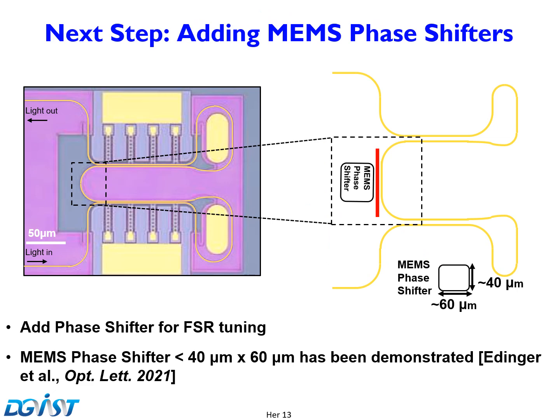Our next step is to add a phase shifter to our Sagnac loop reflector, marked in the figure. The FSR can be tuned by changing the cavity length using the phase shifter. Several MEMS phase shifters have been demonstrated so far, and some of them have footprints less than 100 micron by 100 micron, so we should be able to pack them into the empty area.